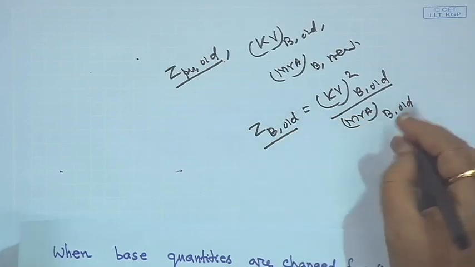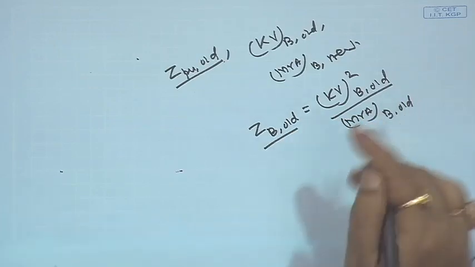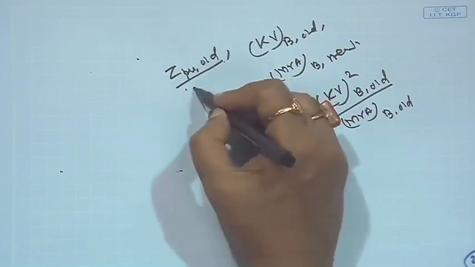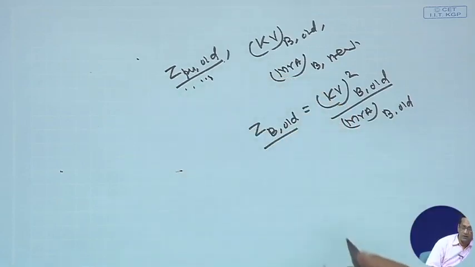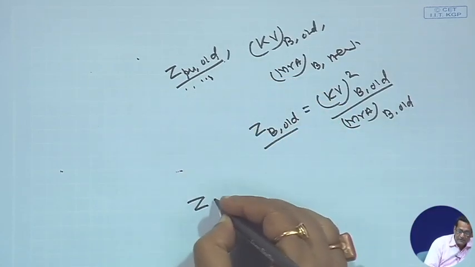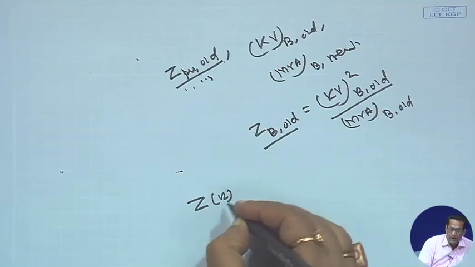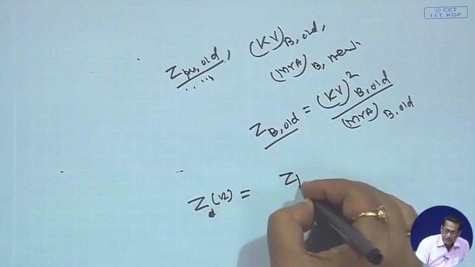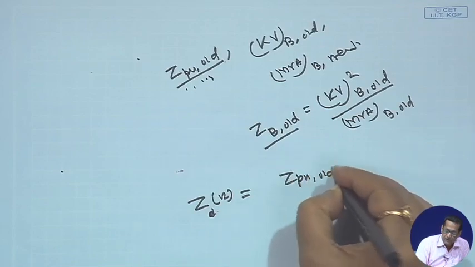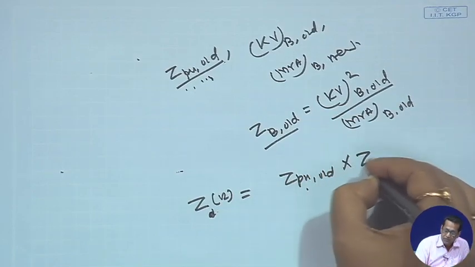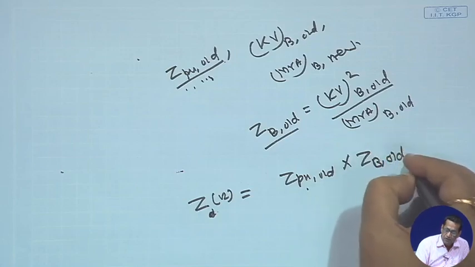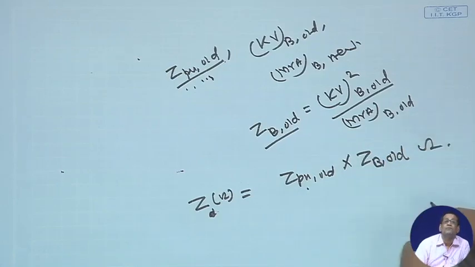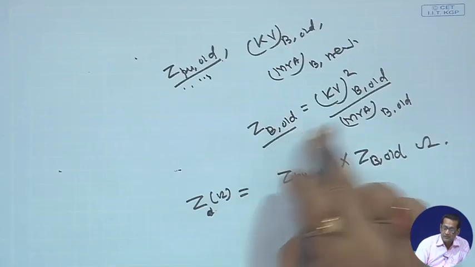So, this is the base impedance for the old base. Therefore, you convert this Z per unit old into ohmic values. That means, Z ohmic is equal to Z per unit old into Z base old, so this is actually in ohm, right.